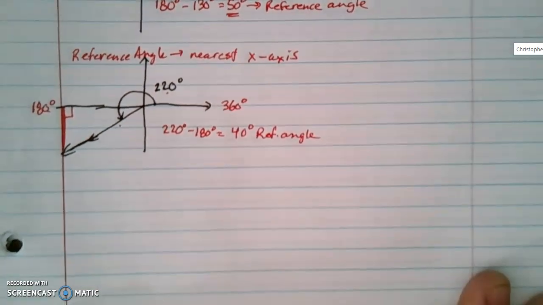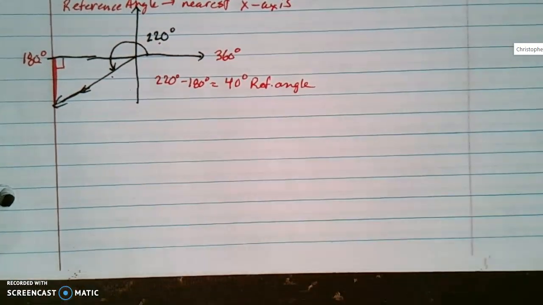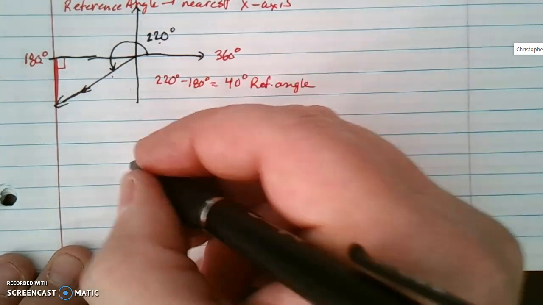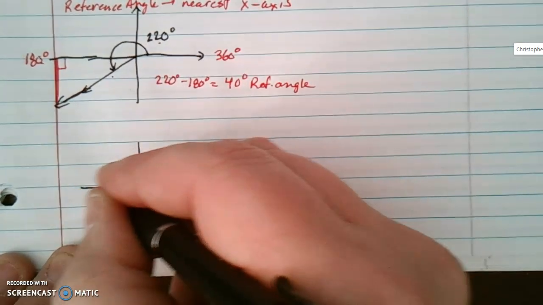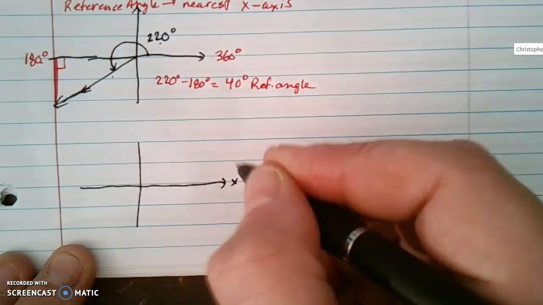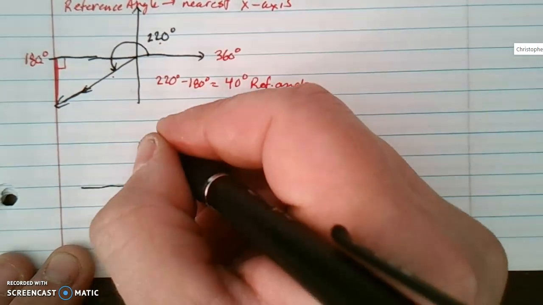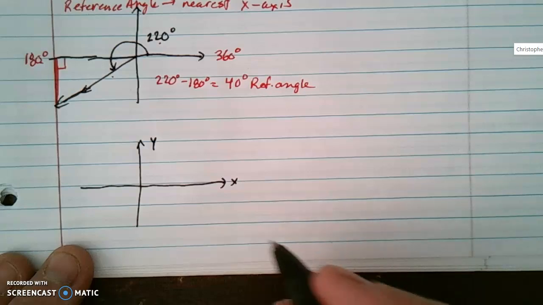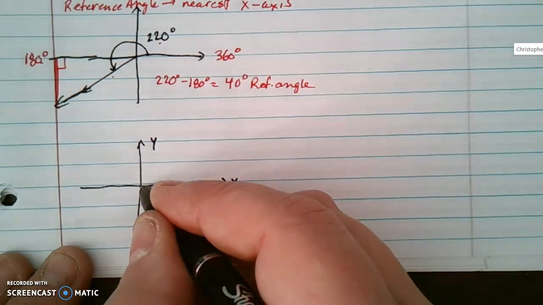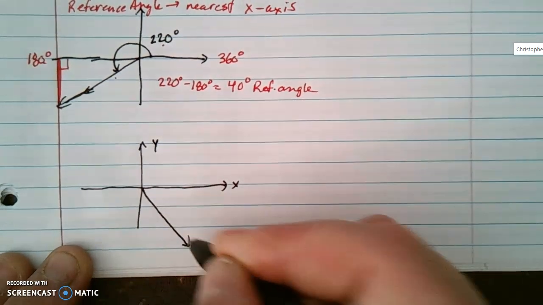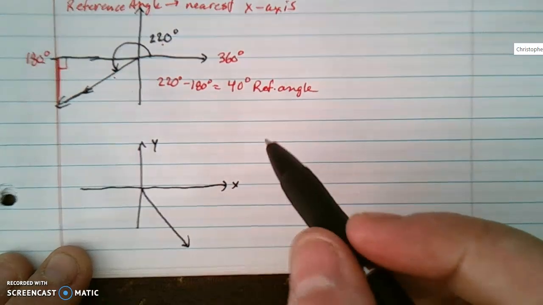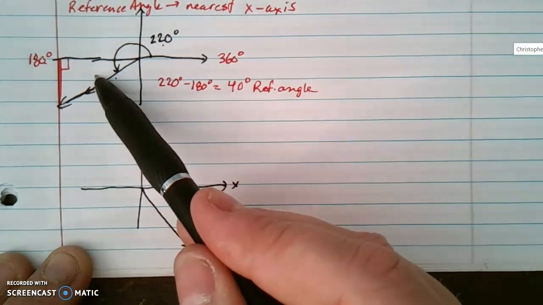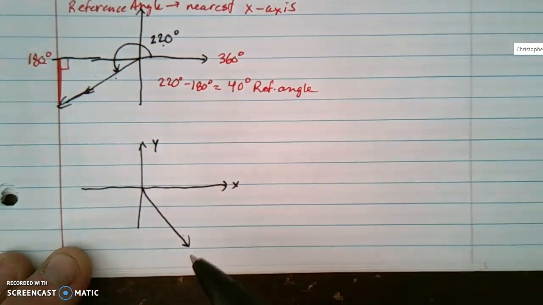Let's do one more just to make sure. And then I'm going to show you some fun stuff on the calculator. I want you guys to follow along with your calculator and see if you can get the same answer as me and see if this makes any sense, because it's pretty crazy. Here we go. We're going to put an angle way over here in quadrant 4. So the first one was in quadrant 2, this one was in quadrant 3. We're going to put this one in quadrant 4.